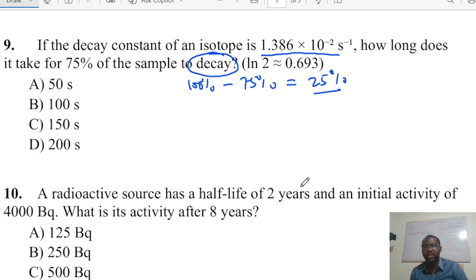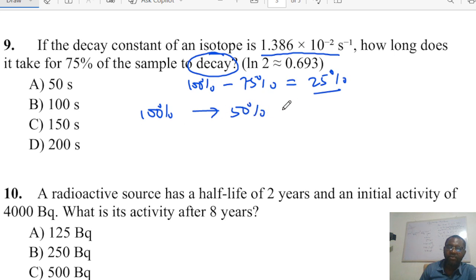Since we want to know the amount that remains, we subtract 75% from 100%. So we need to know how many half-lives from 100% to 25%. You start with 100%, then that leads to 50% if you divide by 2, then divide by 2 again, 25%. That is 2 half-lives.